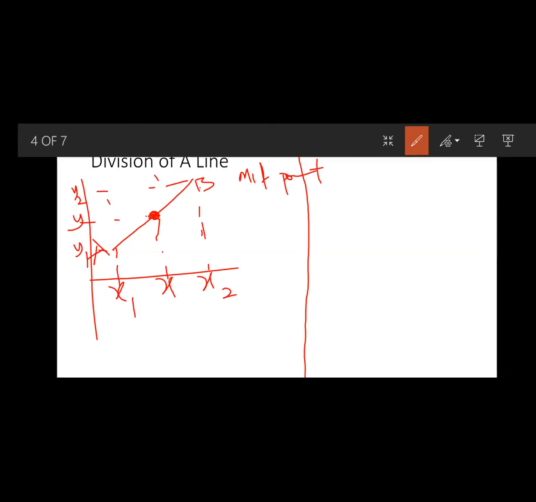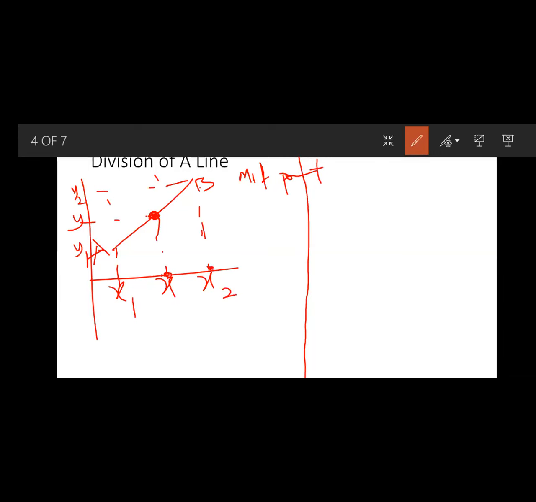Exactly. So since they are divided into 2 equal halves, their ratio is just the same, ratio 1 to 1. So the distance from here to here must be equal to the distance from here to here.